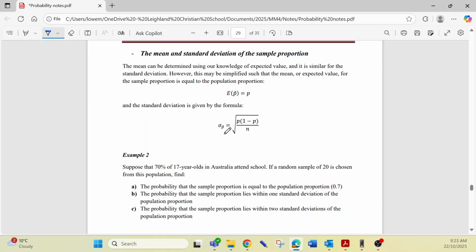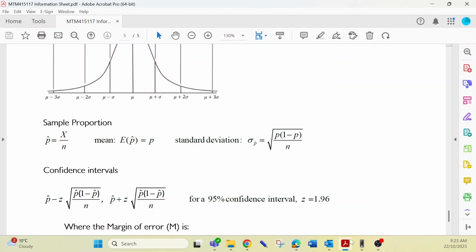The standard deviation is given by the square root of p times 1 minus p divided by n. Looking at that, your mean is given there, and the standard deviation of the sample proportion is given by that.